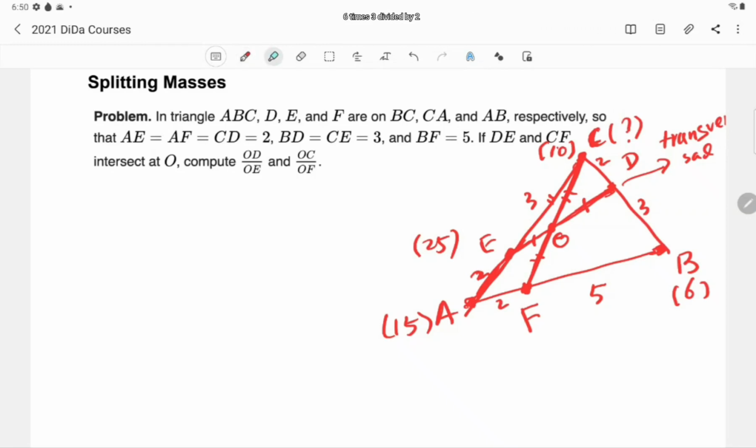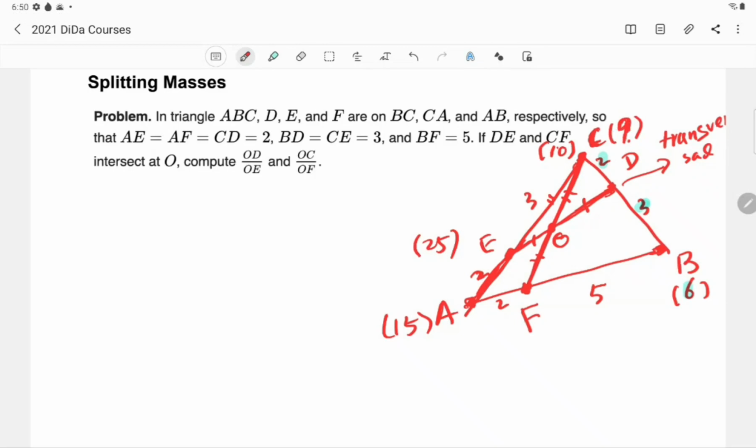Okay, let me mark it like this. The right hand side mass, you need to multiply 2 is equal to 6 times 3. So it's 18 over 2 is 9. I'm trying to illustrate to the people who haven't learned the method, okay?